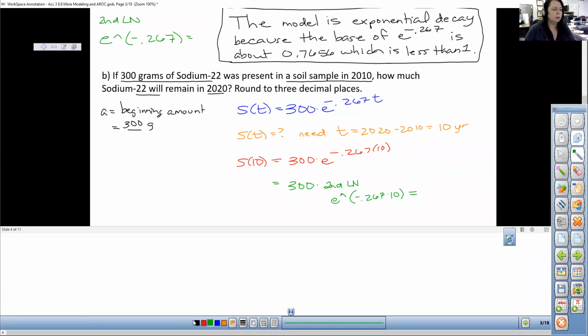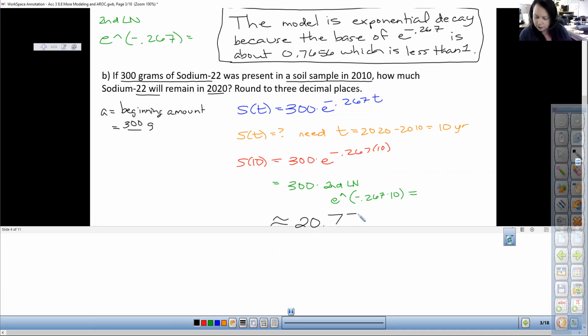And so what I have here on my calculator is 20.7756. That's to the fourth. And the reason I went out to the fourth is because if I want to round to the thousandths, the third, I look at the next one. So the 6 tells me that this 5 goes up 1, so it goes up to a 6. And this would be again in grams.